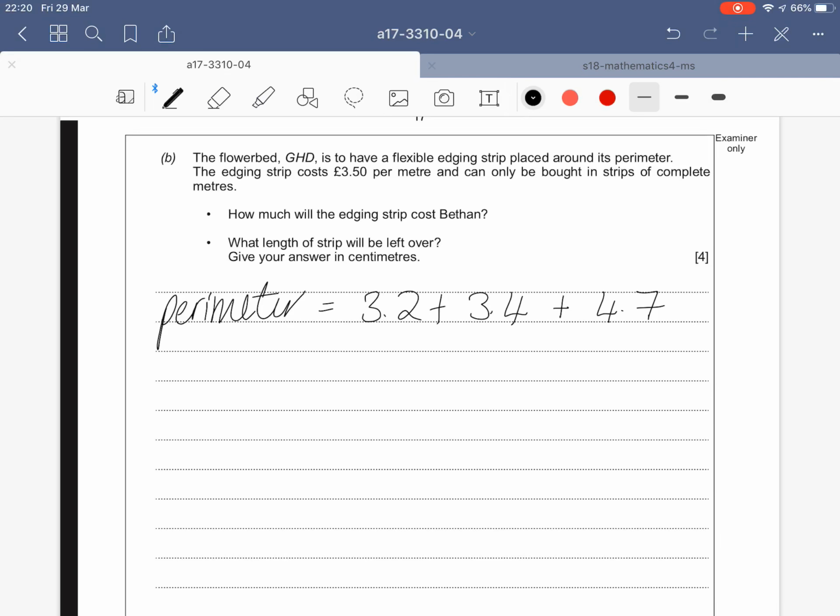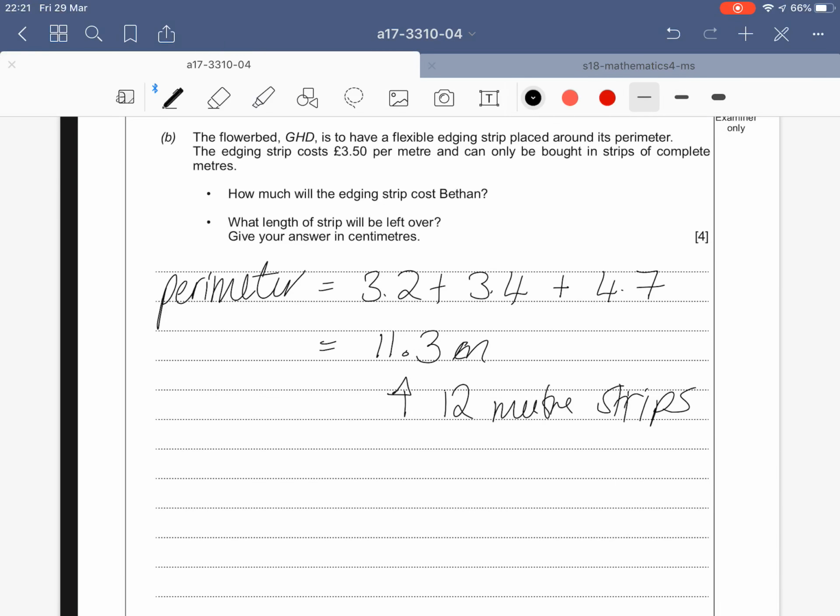Even if you got the 4.7 wrong, use your number because you'd still get full marks for this question. So that gives us the 11.3 metres needed. Now, if we need 11.3 and they only sell them in metre strips, we're going to have to get 12. So we have to round up, and we need 12 metre strips. So if we need 12 and they cost £3.50 each, 12 lots of 3.50 is £42.